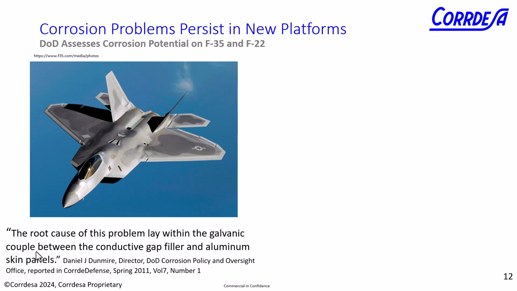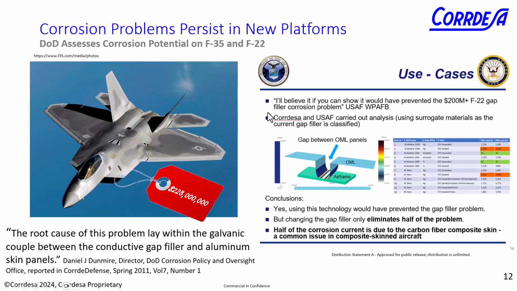Now the FA-18 is an older platform, but even newer assets like the F-22 had an issue, and that single corrosion issue cost $228 million, and that was to do with a conductive gap filler. And we were told by folks that we presented this technology to, literally, I'll believe it if you can show that it would have avoided this $228 million problem.